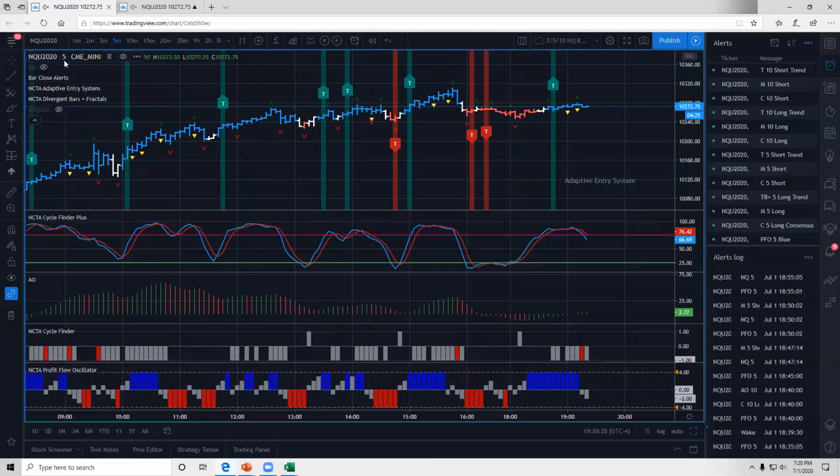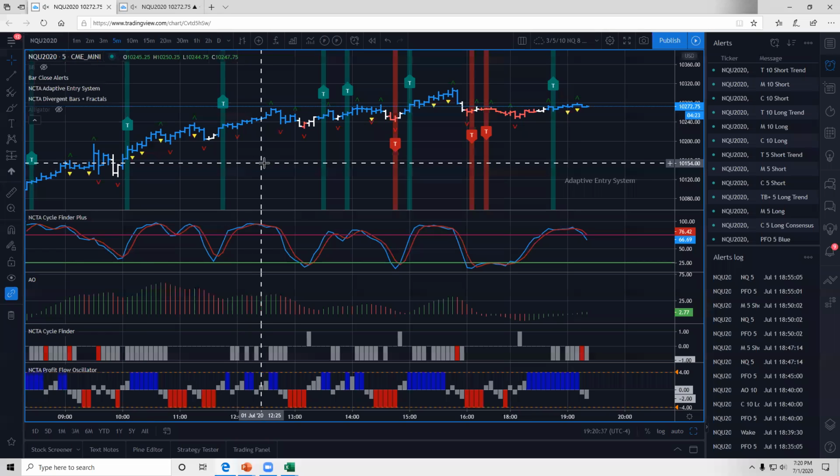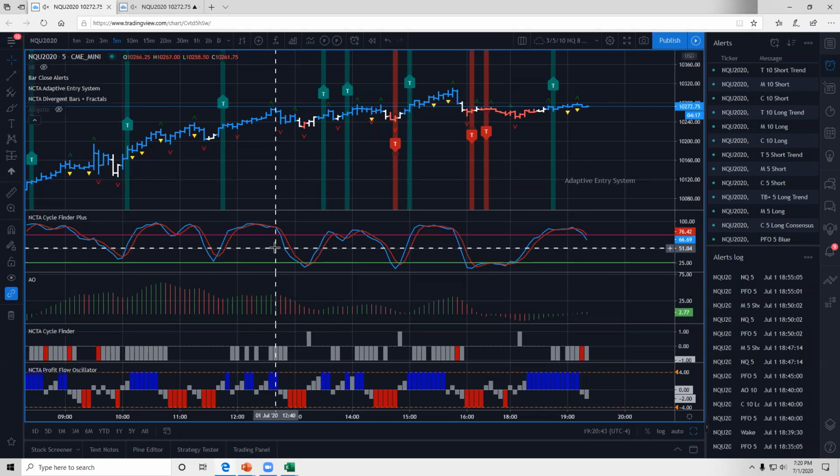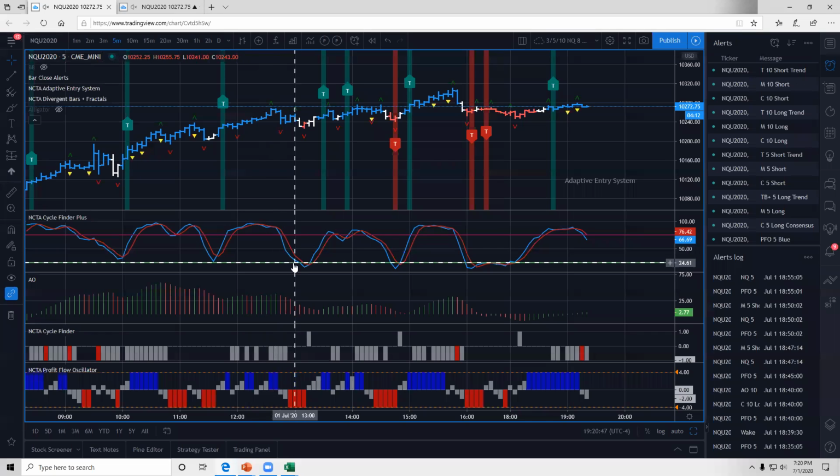Also, you may notice that we're looking at a 5-minute chart. We've done quite a bit of scrubbing on different time frames, where we have most recently been trading alignment between the 3-minute and 10-minute Cycle Finder Plus. That methodology is still a valid methodology.